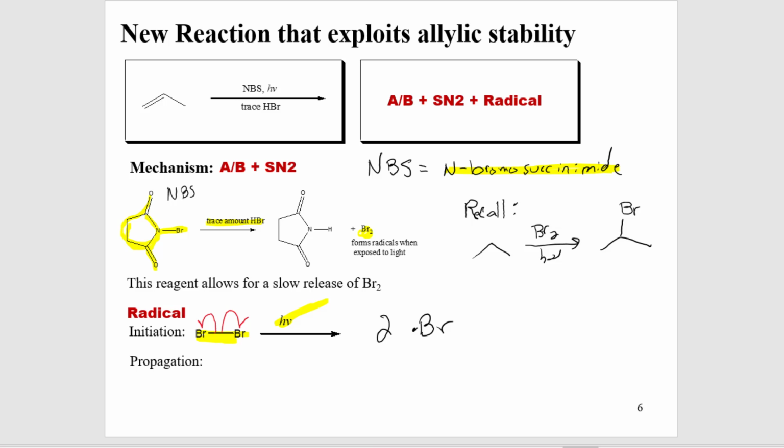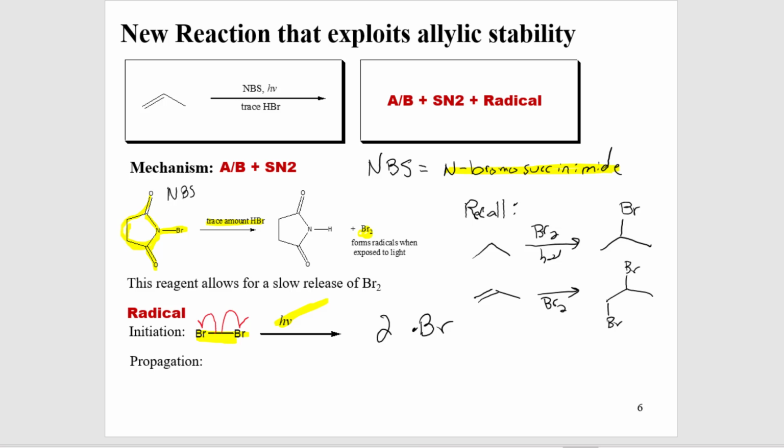And then later on, we looked at what happens when you add Br2 to double bonds. You form the bromonium bridge, and then the bromonium bridge opens up, and you get anti-addition across the pi bond. So now it's like we're combining these two reactions to get a new reaction.